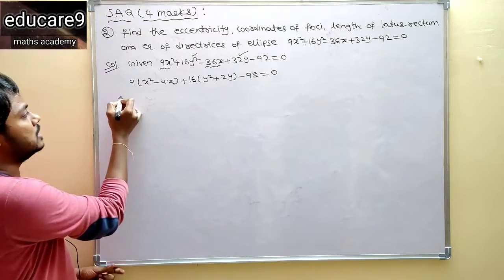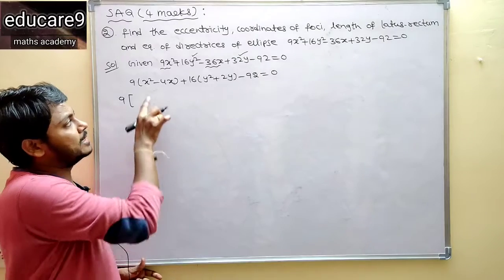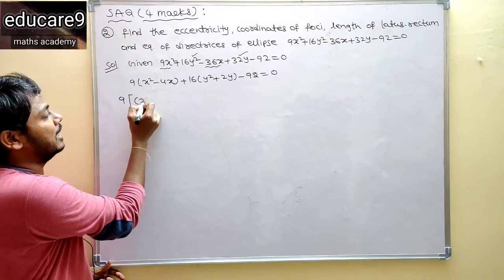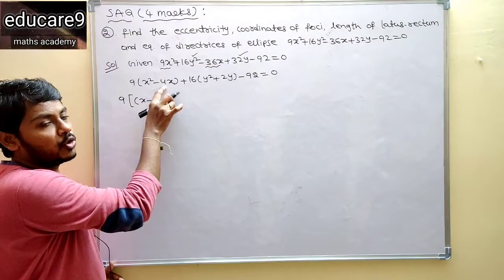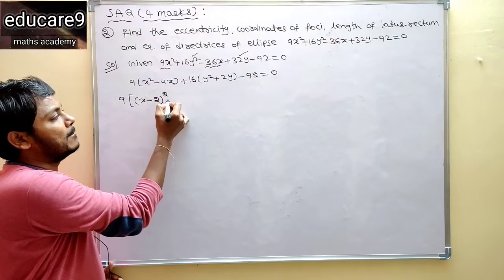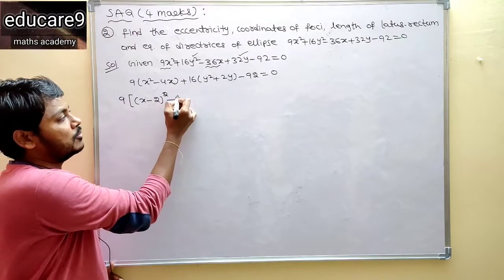Now this is equal to 9 times of, see here, x square minus 4x can be written as x minus half value of 4, which is 2, whole square minus square of this number, that is 4.